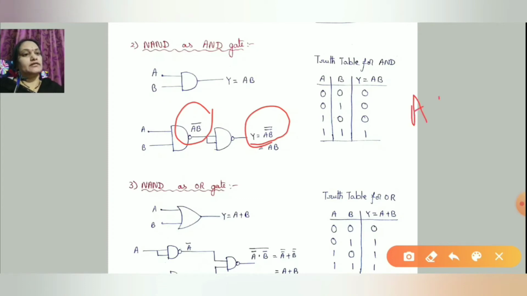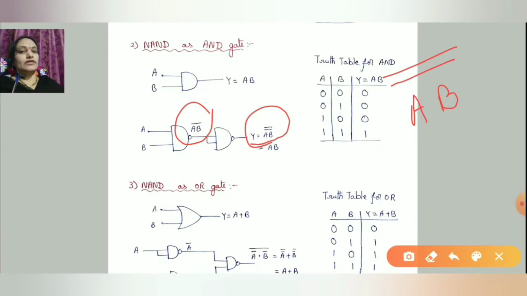AB double bar means we have to solve this expression by using Boolean algebra. That is why in the last class I explained Boolean algebra. In order to simplify these expressions, you should learn Boolean algebra.